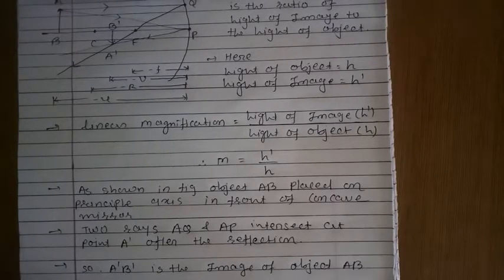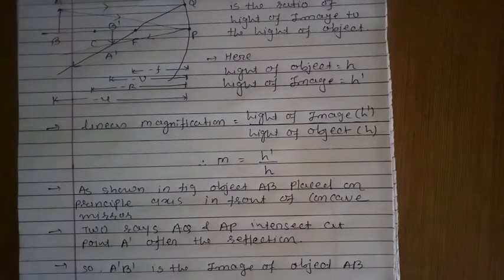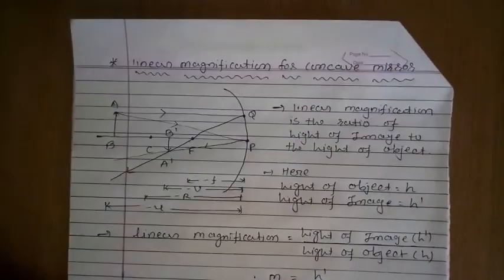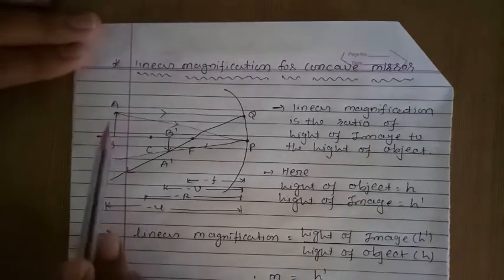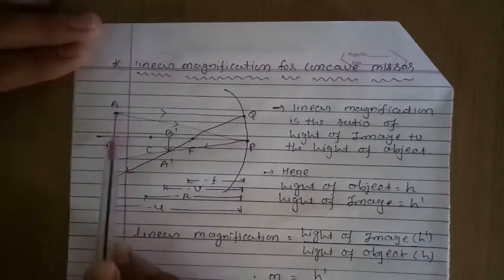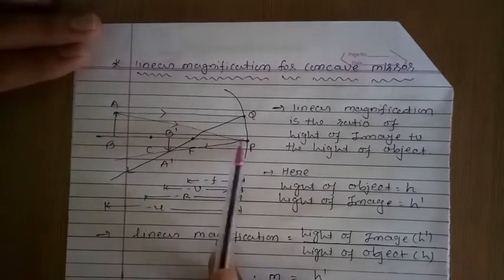So here, to prove linear magnification, which is small m, in the form of image distance and object distance, we can see from the figure that triangle ABP and triangle A dash B dash P are similar.